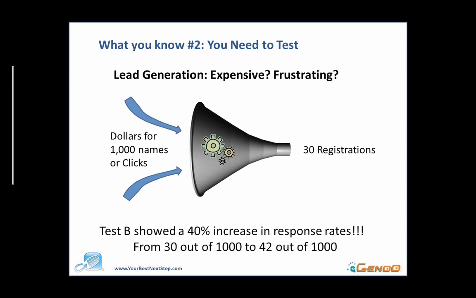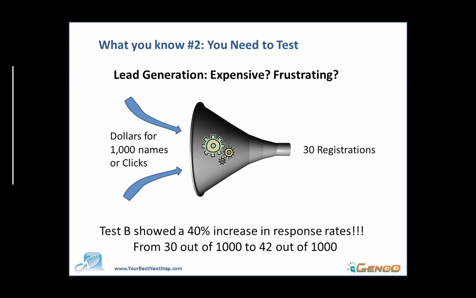Well, that can be kind of frustrating, because we bought 1,000 names and we get a 3% response rate, which gives us 30 registrations. And let's be clear, we're not talking about customers, we're just talking about leads generated. So what that did is it gave us the opportunity to continue to spend money and time wooing these 30 registrants in the hopes that they're going to become a customer in the end.